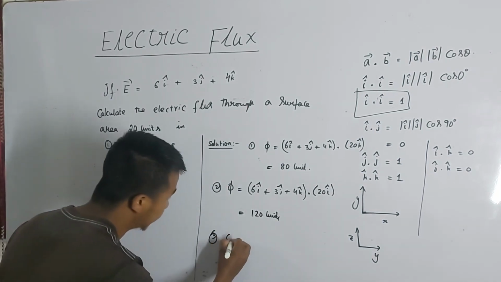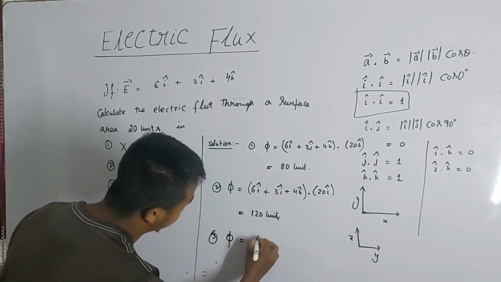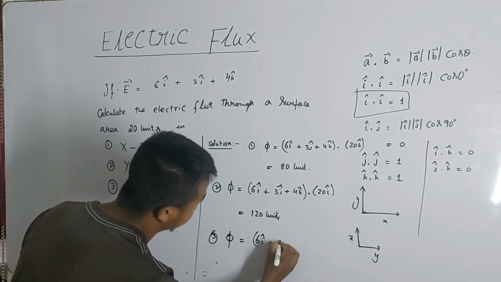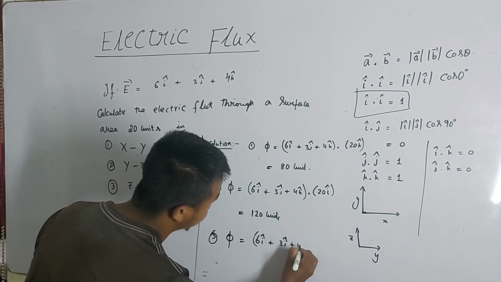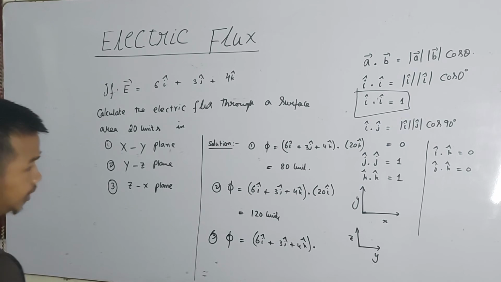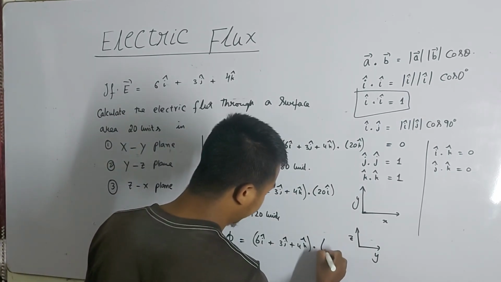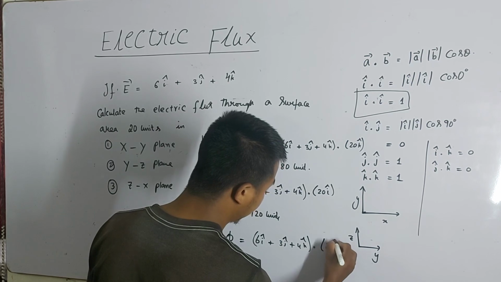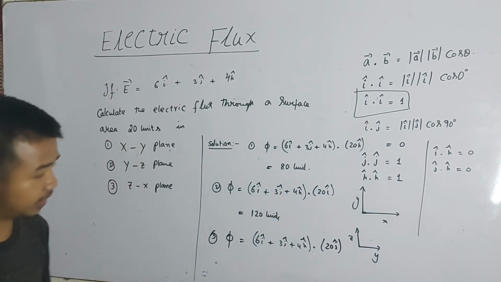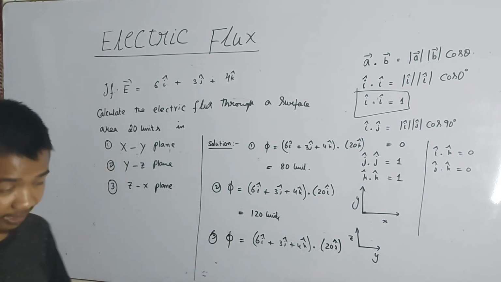Then number 3. What is phi, the flux through the zx plane? Phi equals 6i plus 3j plus 4k dot, then for zx it is along y, so 20j. The direction of the zx plane is along y.